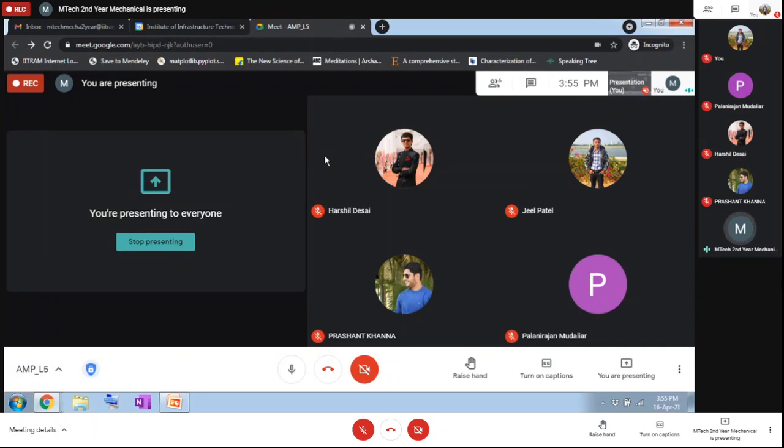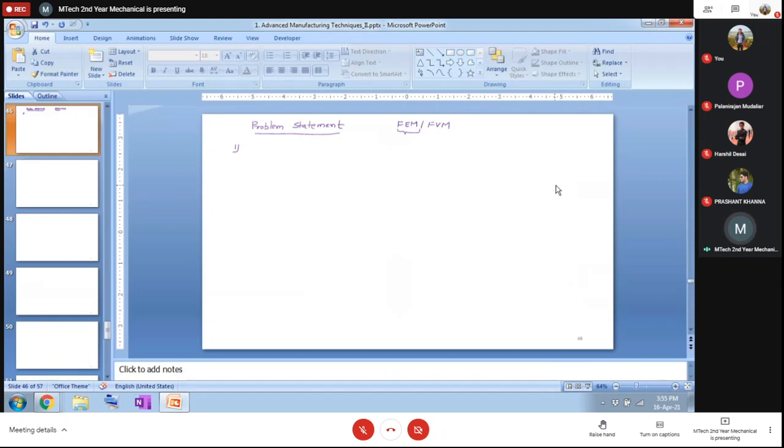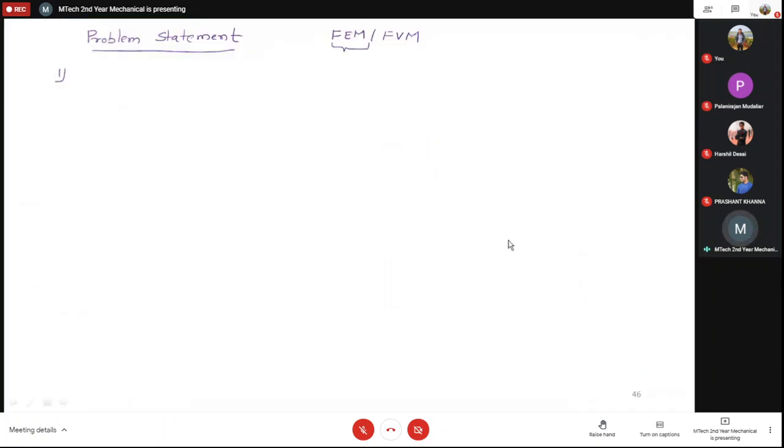So when you talk about the boundary condition, we are applying the boundary condition over a domain. You cannot apply a boundary condition without a differential equation. So first we need to have one differential equation, or to be more precise, we should have one governing equation.